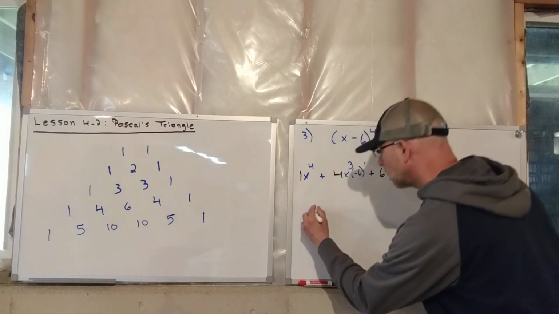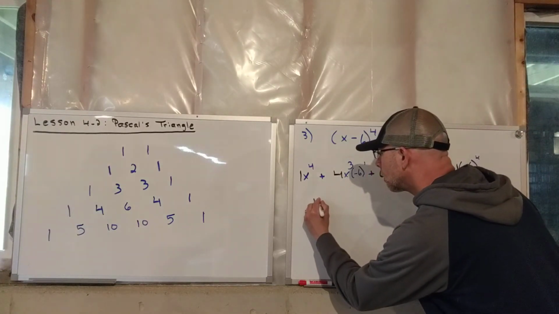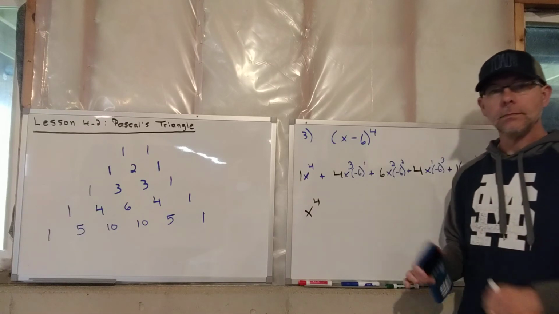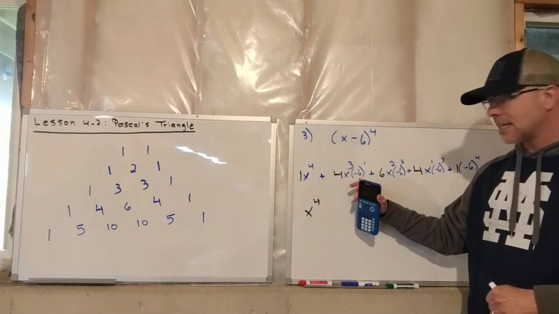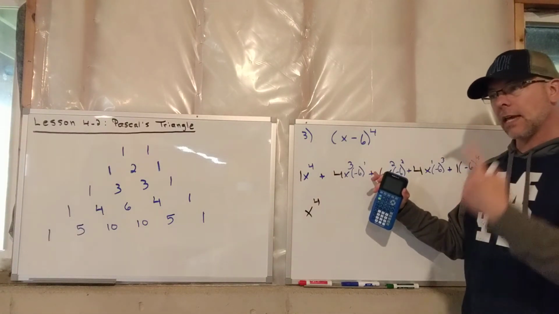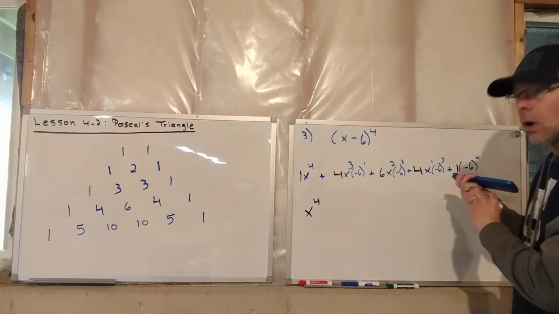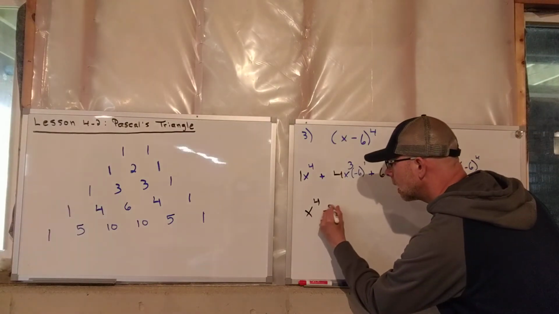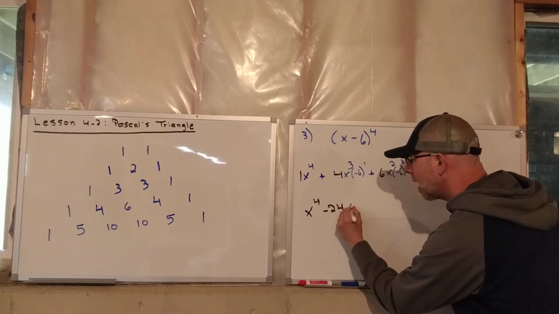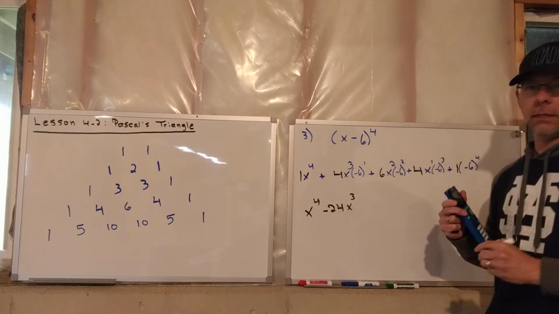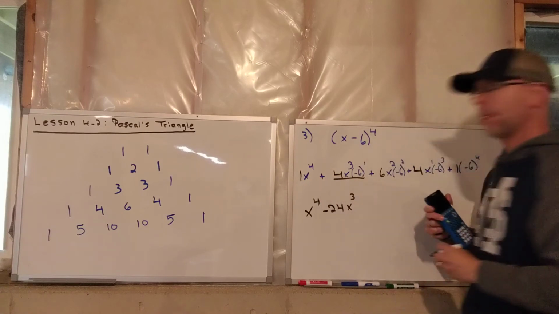That's 1x to the 4th. But here we go. That's negative 6 to the first, which is negative 6. 4 times negative 6 is negative 24. You must write minus 24 x to the third for that term.